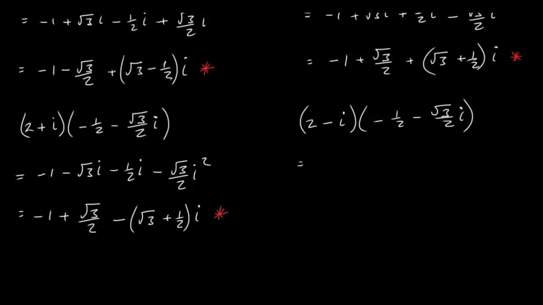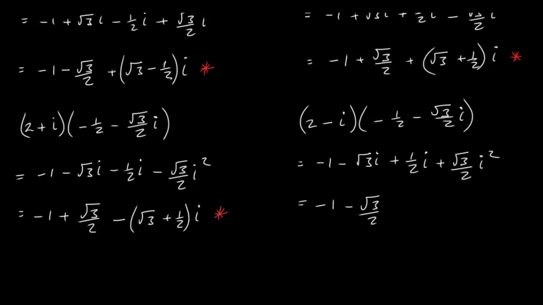So over here we have 2 times minus a half, which is minus 1, minus root 3 i. So now we have plus a half i, and then minus minus, plus root 3 over 2 i squared. So that leaves us with minus 1 minus root 3 over 2.